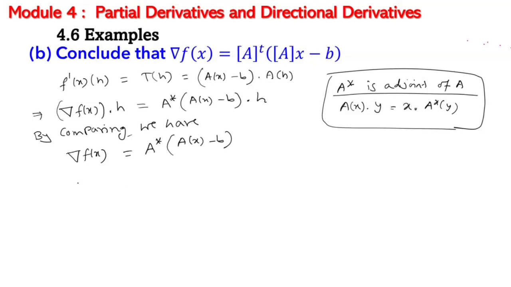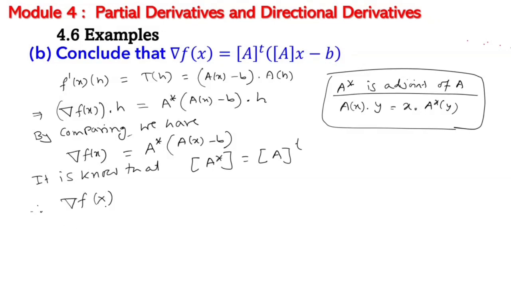Now it is known that the matrix of A star is equal to A transpose. So in terms of the matrix, the gradient of f of x is equal to A transpose times (matrix A x minus b).